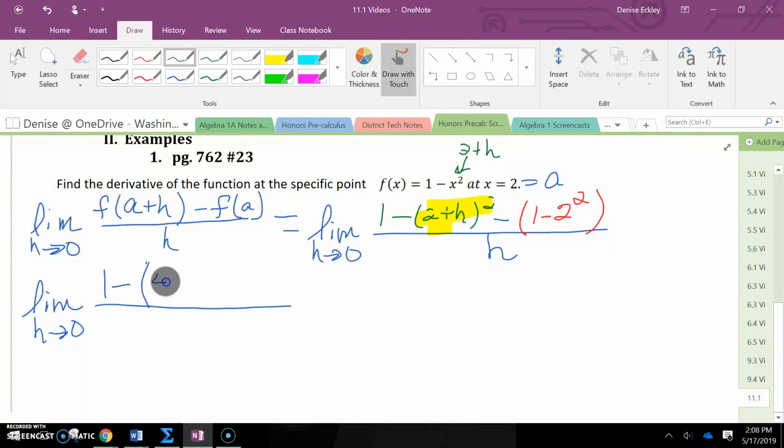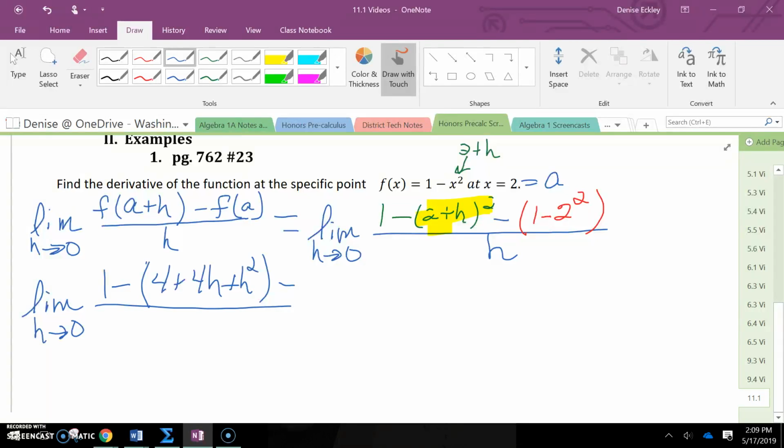So I get 4 plus 4h plus h squared. So that is my expansion. And then minus, I'm going to have 1 minus 4. So I have a negative 3.